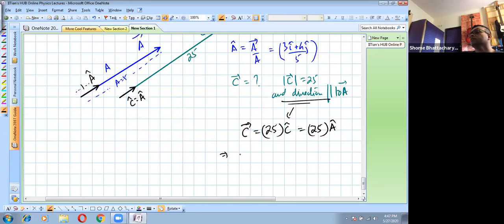So C is 25 times (3i cap plus 4j cap) divided by 5. So this is another way of expressing the vector C.